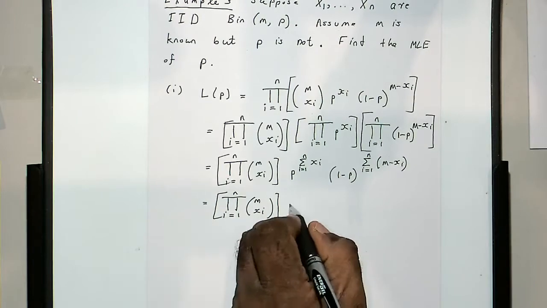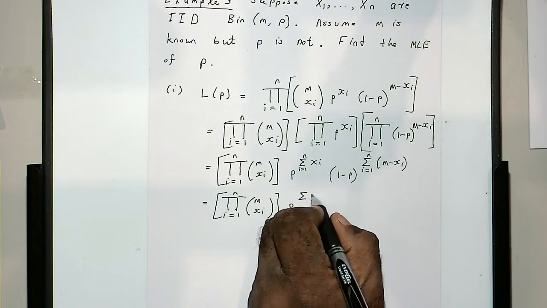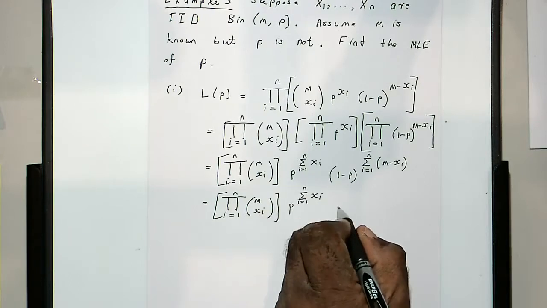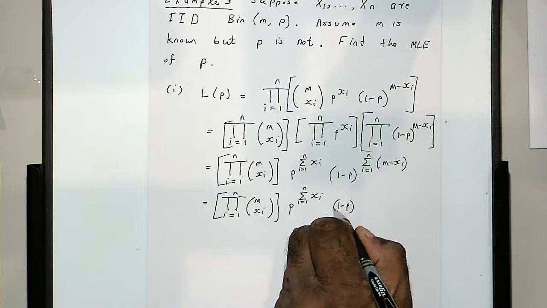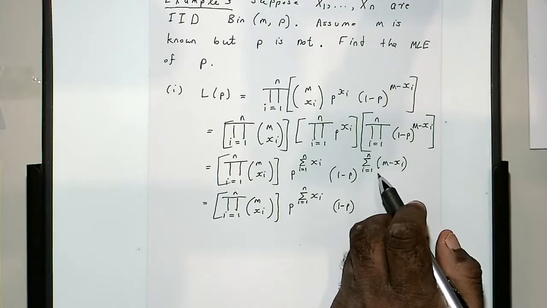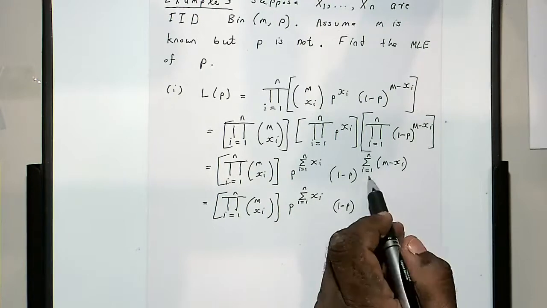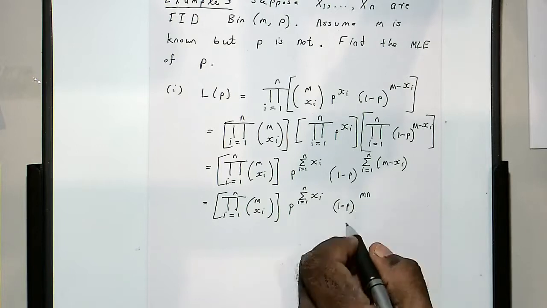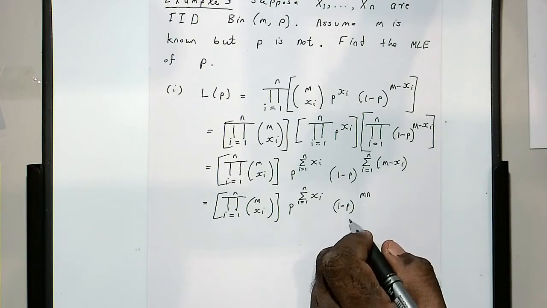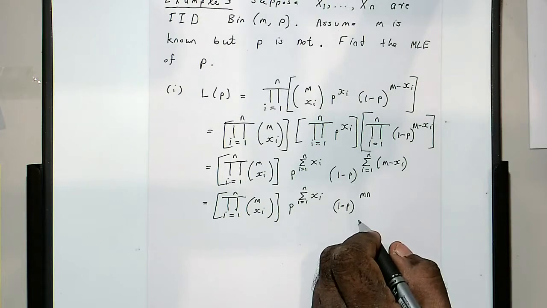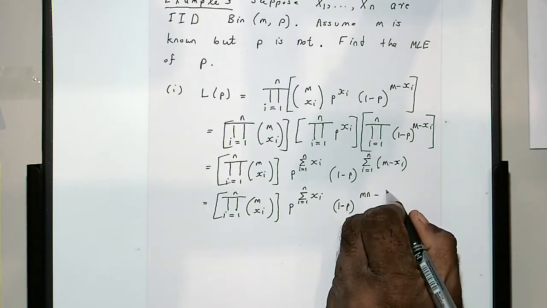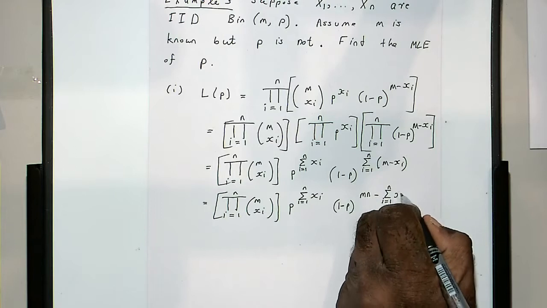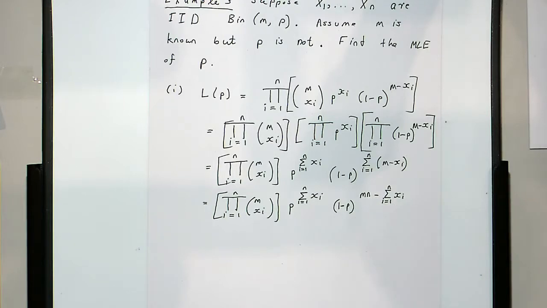So this becomes... Now you have here the sum of m minus xi. If you take the sum inside, the first term will become m times n, because m is a constant with respect to i. The second term will become the sum of xi. You follow me?